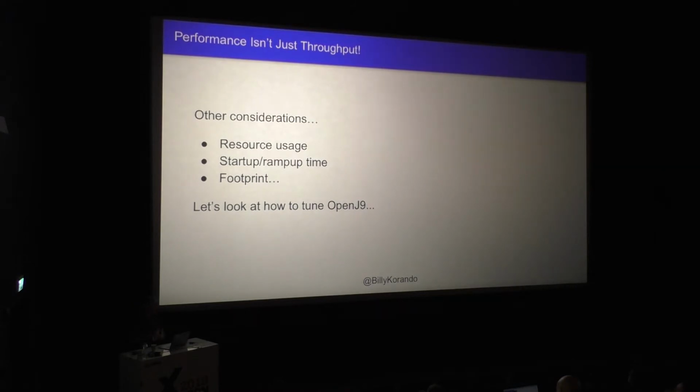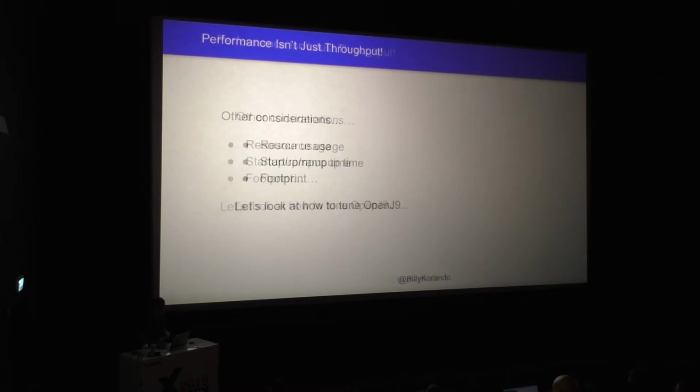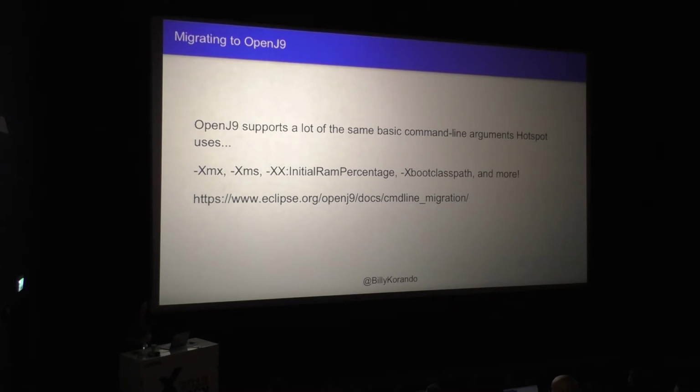Especially in this environment, we know we need to consider resource usage, startup, ramp-up time, and footprint. So let's look at how we tune OpenJ9. So firstly, OpenJ9 supports a lot of the same basic command line arguments as HotSpot, max, min, heap size, and all those sorts of things, but there are one or two differences. If you follow that link, there is a migration guide to help you move from HotSpot to using OpenJ9.